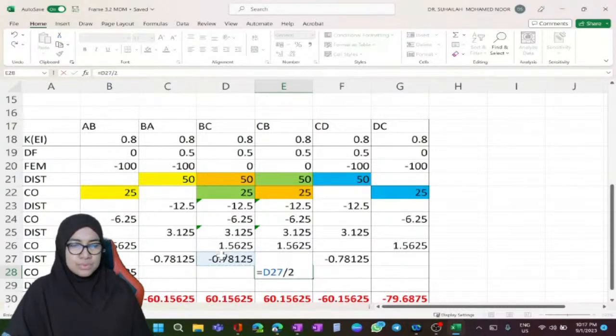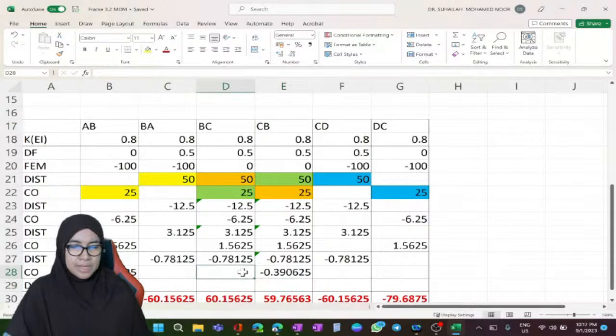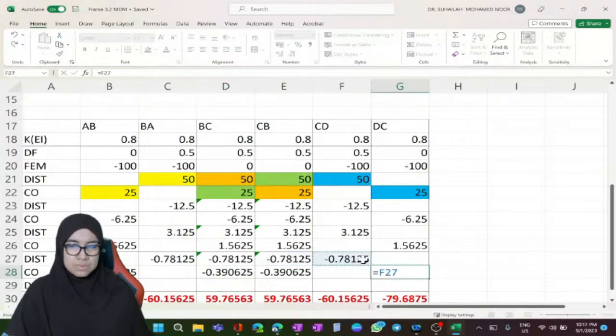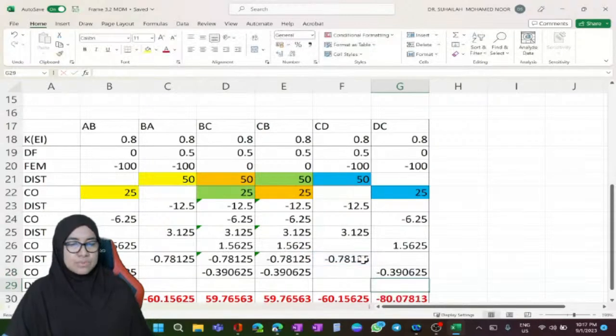Divide by 2. Divide by 2. And divide by 2. Divide by 2.